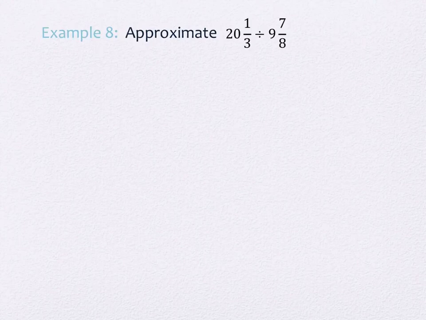So the word approximate is like our new best friend, because approximate means I don't really have to do the problem, right? It means I get around something to nicer numbers. So what would be much nicer to do here instead of the problem that's really being asked in numerical form? Yeah. It would be a lot easier to divide 20 by 10.